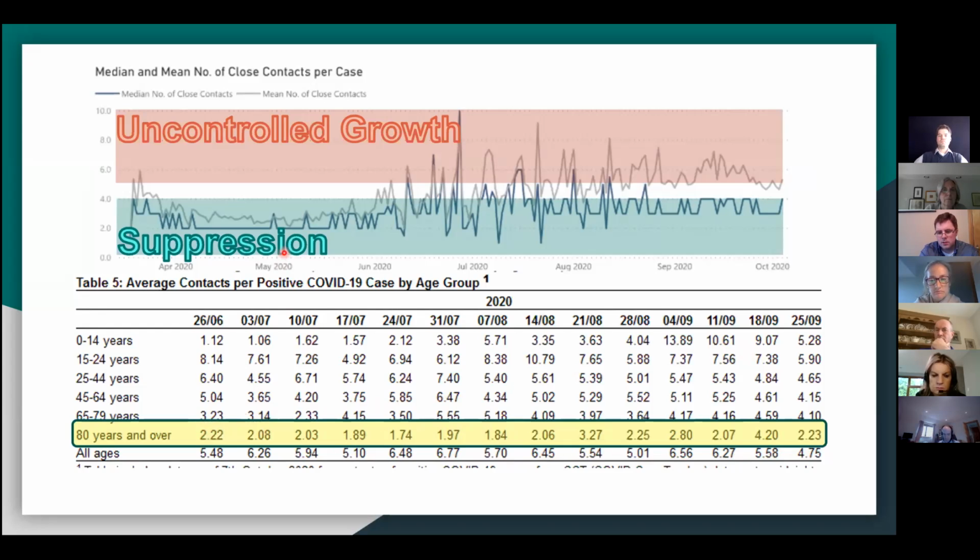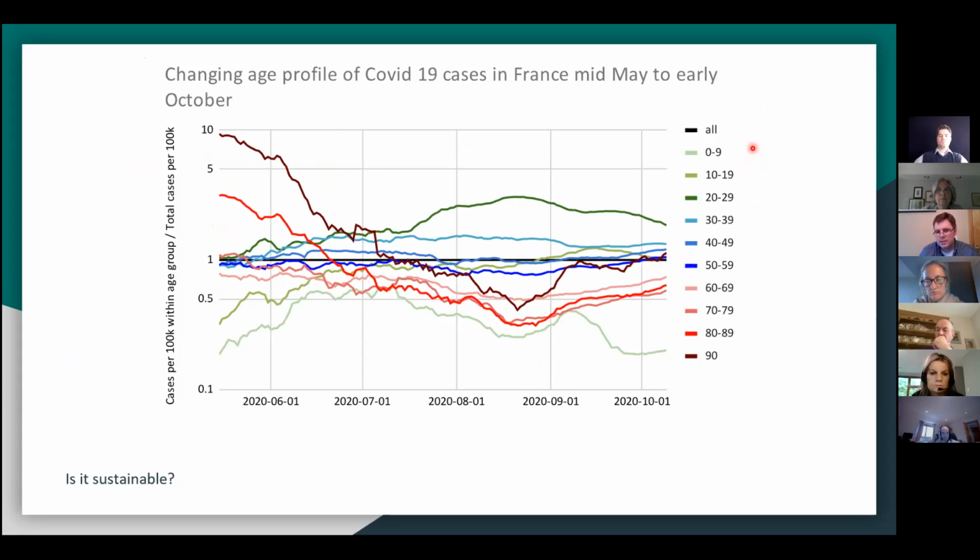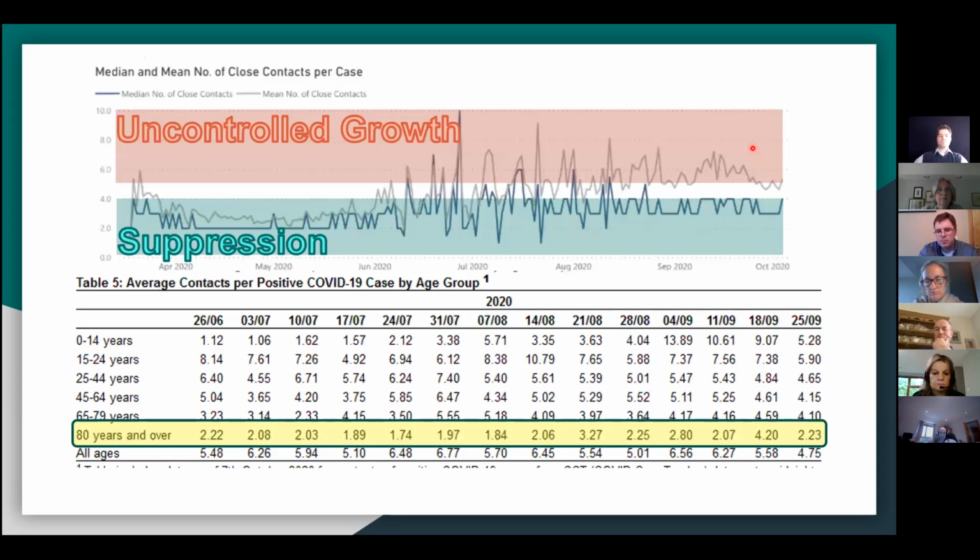As I showed earlier, the 1 month lag is also closing. The growth rate in the older age groups is higher than the growth rate in the younger groups. So they're getting closer, and that's just because the whole population drags as one, even if a certain part of the population is trying its best to shield itself.